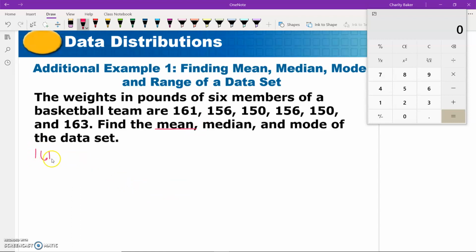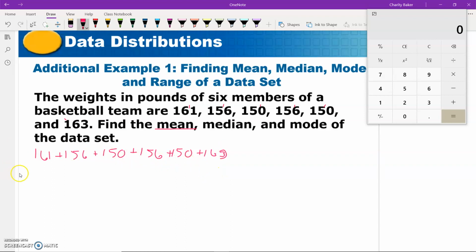So 161 plus 156 plus 150 plus 156 again, plus another 150, plus 163. We're adding all of these together, and there are 6 of them. So we just want to check and make sure we got all 6.